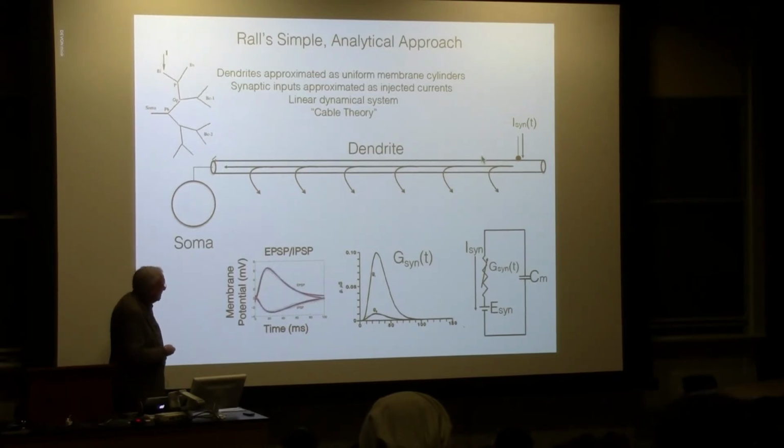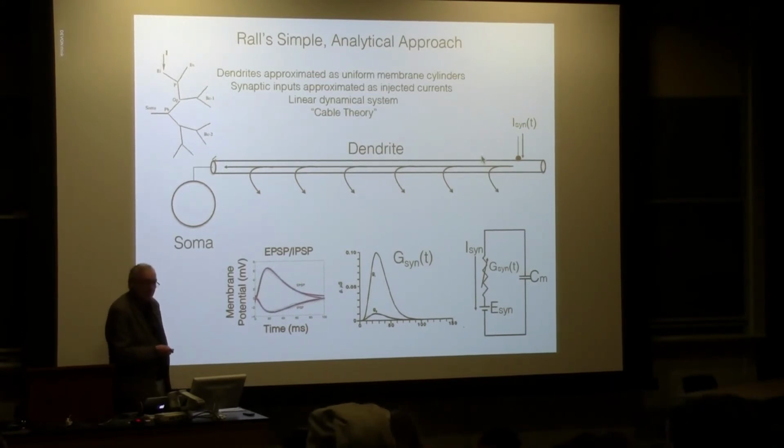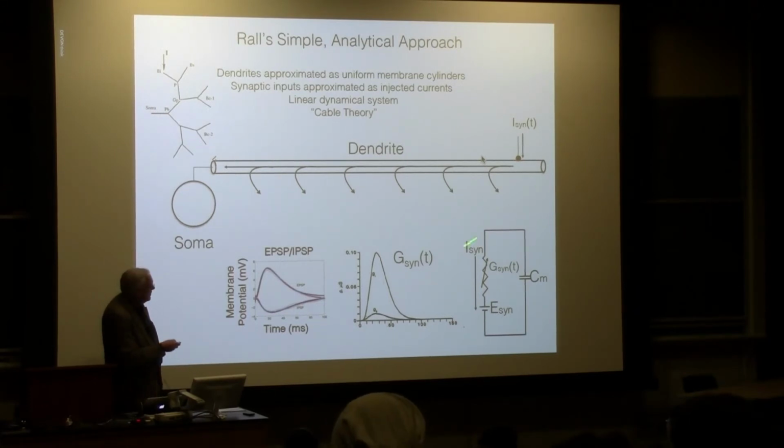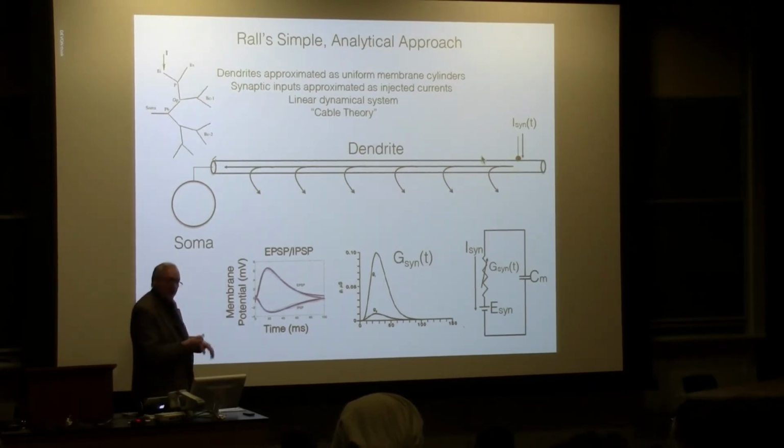Okay, so let's talk about that in reference to the circuit here. This circuit represents a little subcylinder of this big membrane cylinder, just a little chunk of it. The surface of that little compartment has some capacitance associated with it.